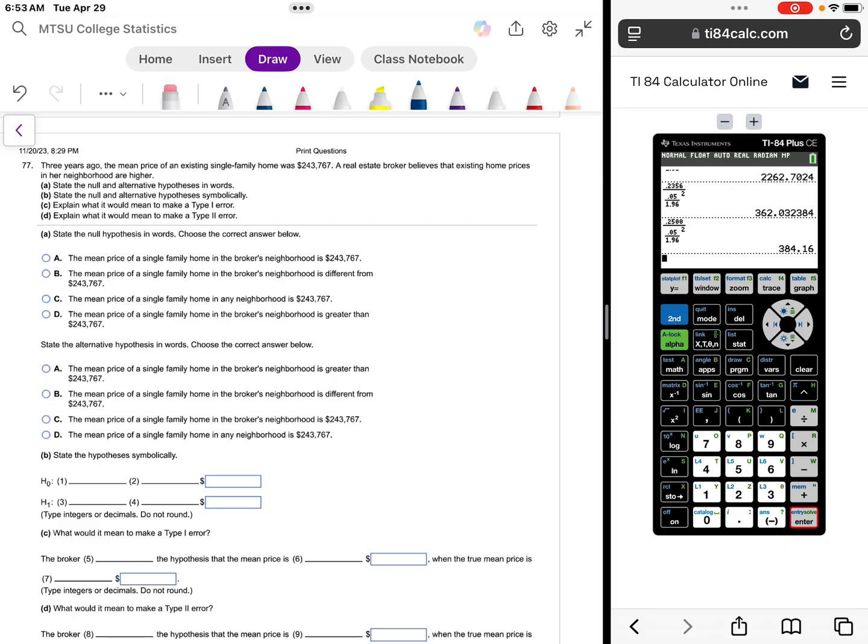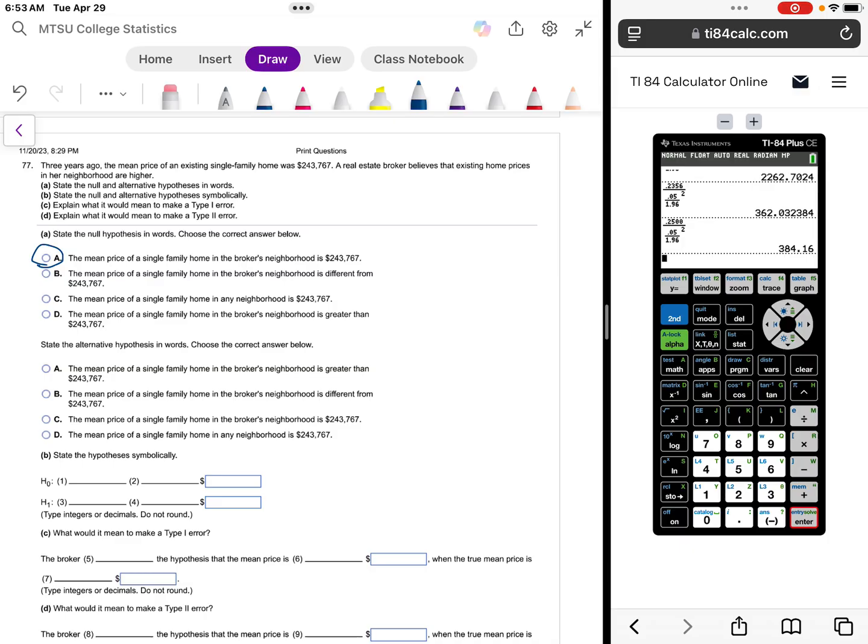A real estate broker believes that the existing home prices in our neighborhood are higher. So state the null hypothesis in words. The best choice is the mean price of a single-family home in the broker's neighborhood is that.